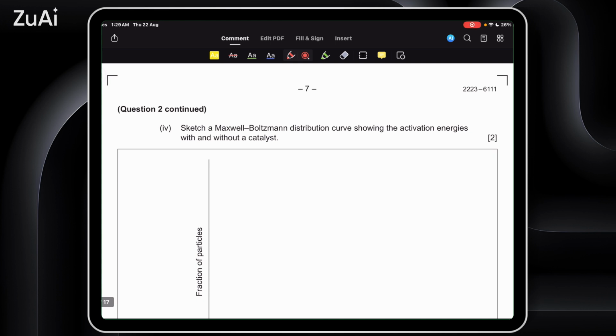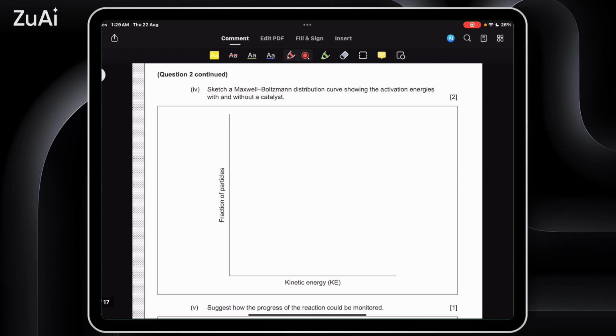Sketch the Boltzmann distribution curve showing activation energy with and without catalyst.